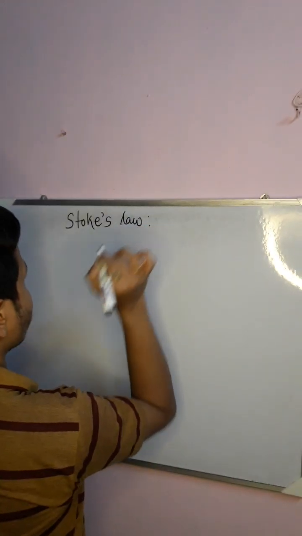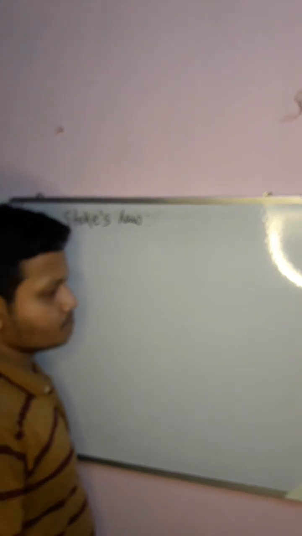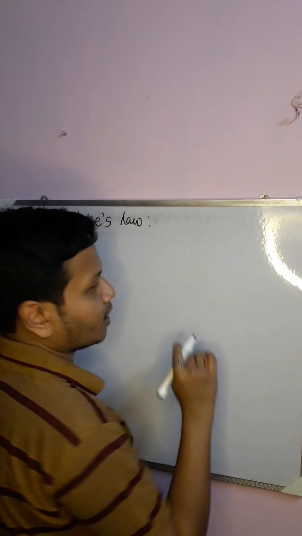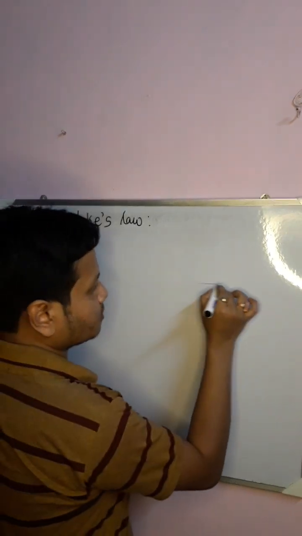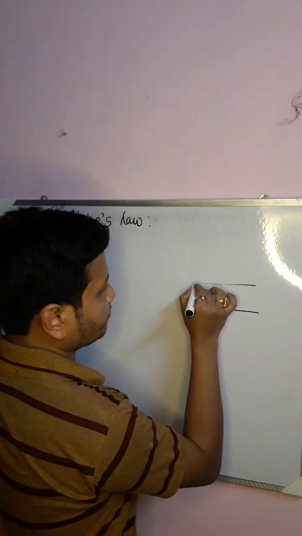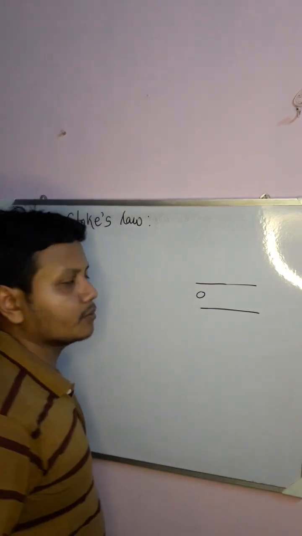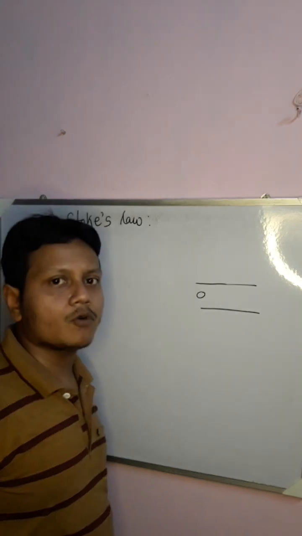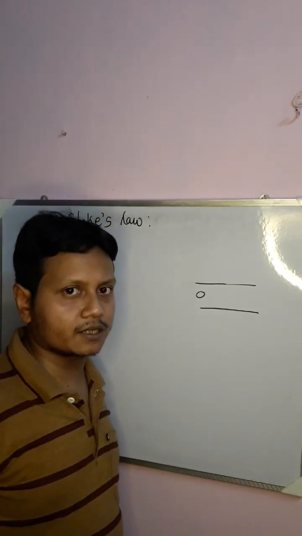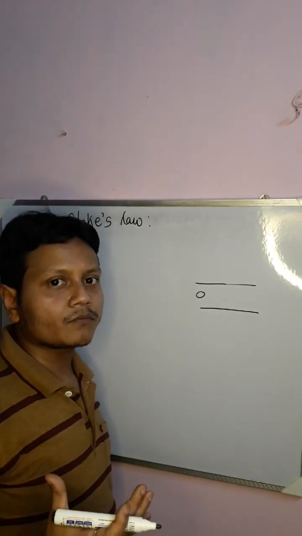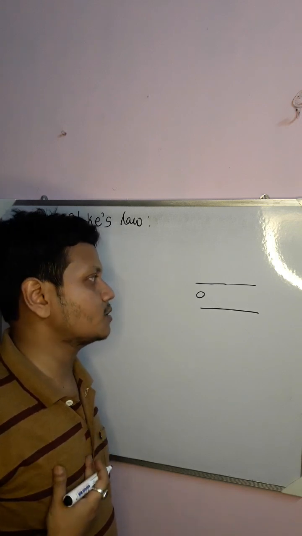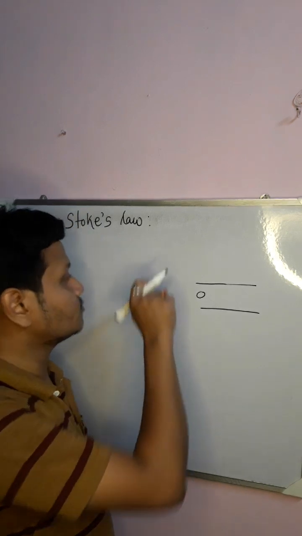Stokes law. Okay. Now what does this law state? We all know that when an object or a body passes through a medium, the medium opposes the motion of the object, and this opposing force, that is the viscous force, can be expressed in terms of Stokes law.